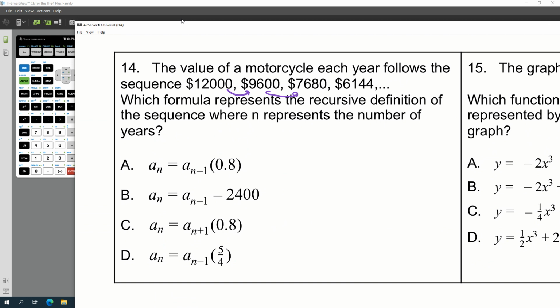All right, so it's dropping by $2,400. In recursive sequences, use the previous term, and a sub n minus 1 means the previous term.